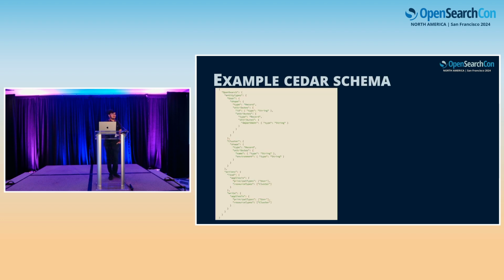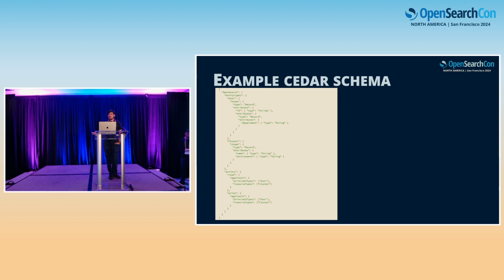We could also do the same thing in a different policy engine, let's say Cedar. It's an Amazon open source policy language, and it works along similar lines. You would define entity types. Let's say I define user, cluster, index, document, and fields as different entity types, and each entity type can be tied to actions or a number of attributes that you want.